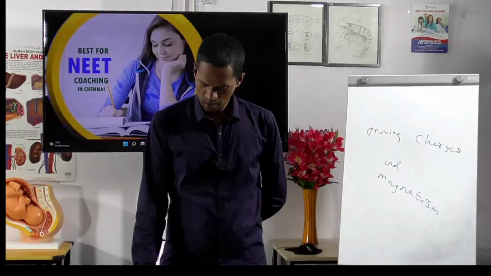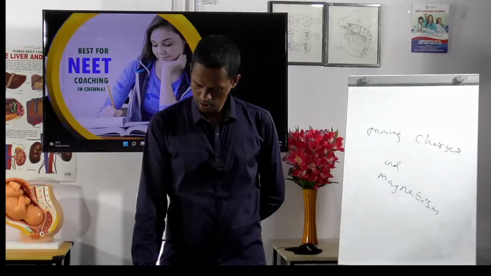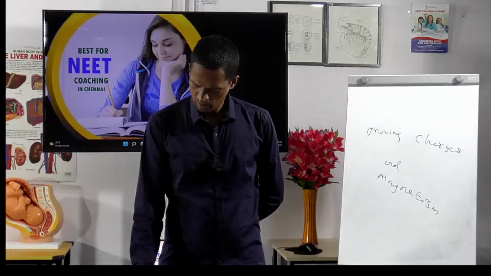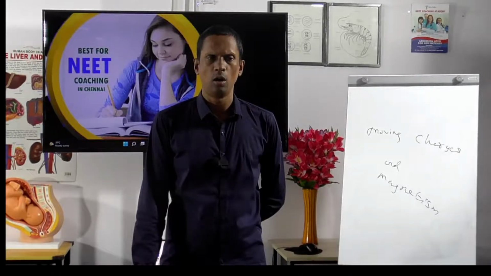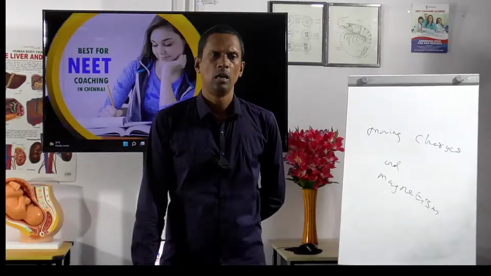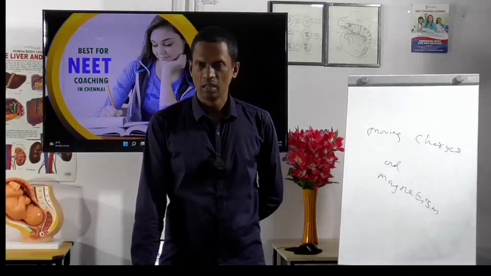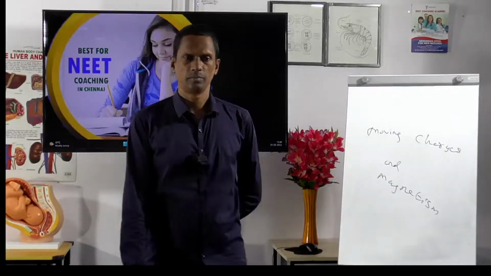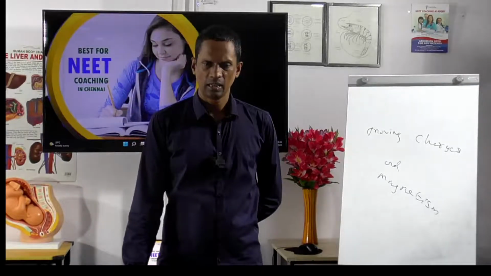And small x square, what is x square plus r square whole to the power 3 by 2? R is the radius of the circle. X is the distance between the magnetic field and the current.